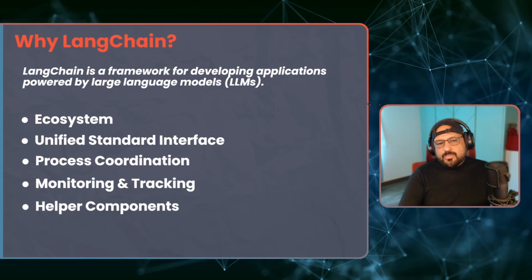So LangChain also provides components and services to help us do that easily, and this is where agentic applications are getting very popular nowadays, and LangChain makes it very easy to build them.